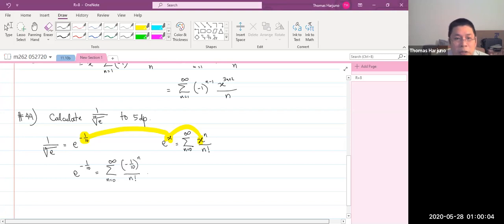Which is, by the way, what I really need here, an alternating series. This is -1 to the n over 10 to the n times n factorial.